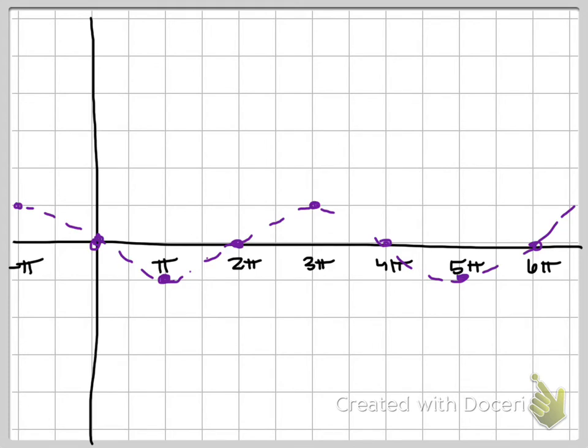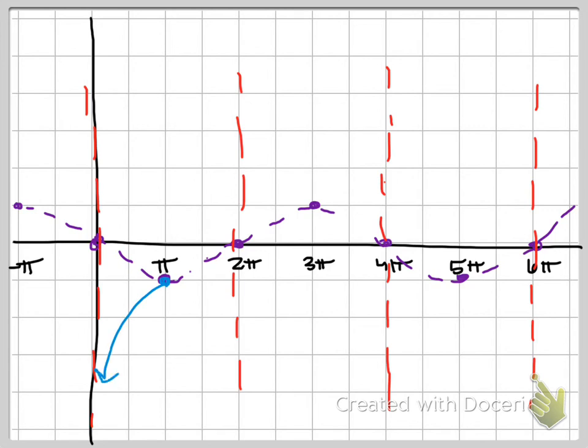So my asymptotes are on my x-intercepts. So here is an asymptote at 2 pi. I have an asymptote at 4 pi. And then the next one is 6 pi. Okay, and now to finish the picture, we would go in between the asymptotes. You would put a dot at your minimum value, and you're reflecting away from the x-axis, so you're going towards the asymptote.